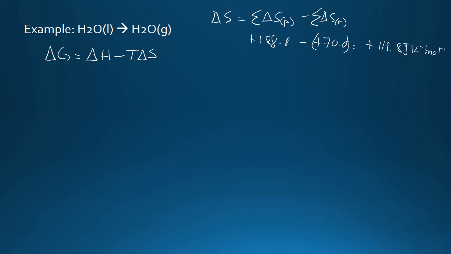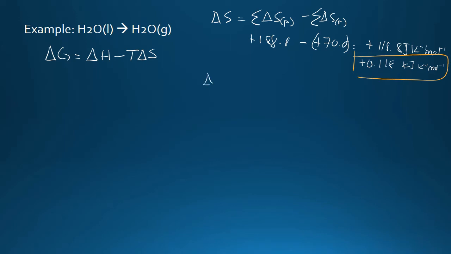And remember, because the value of delta H is in kilojoules, we're just going to go ahead and move this. So we get a positive 0.118 kilojoules per Kelvin per mole. So we have delta S. Yay, one of them.